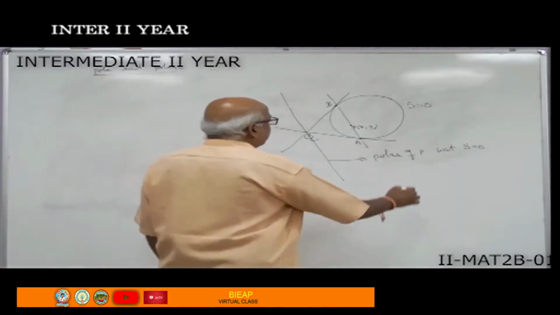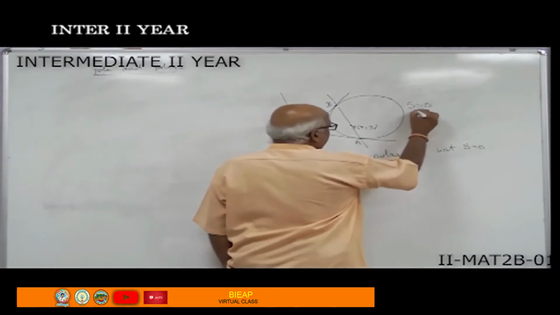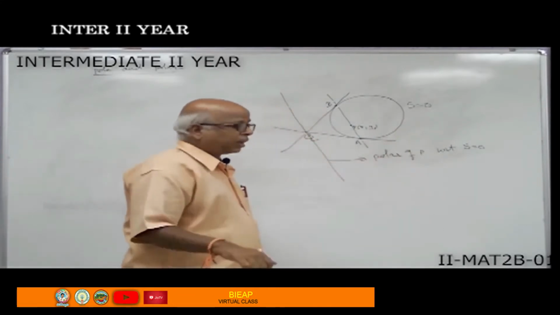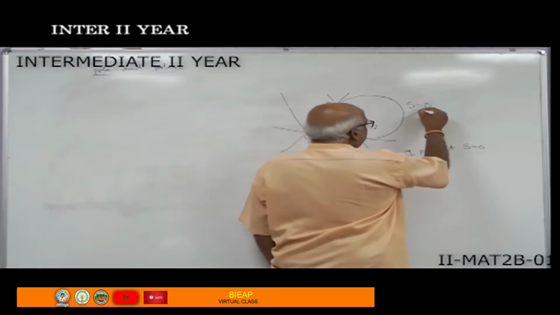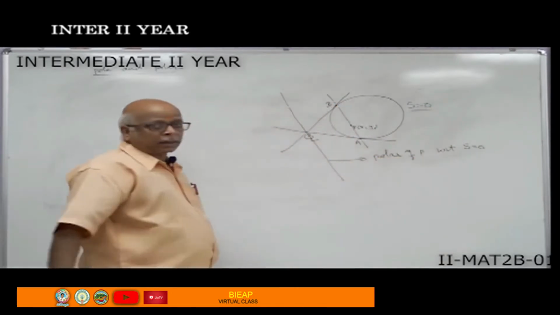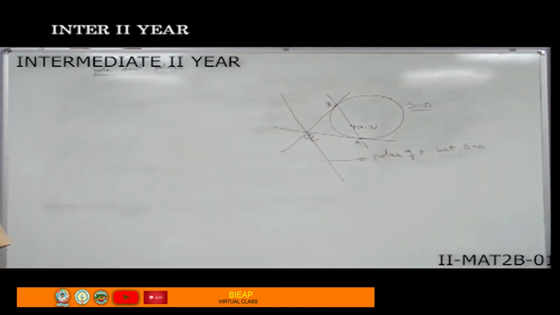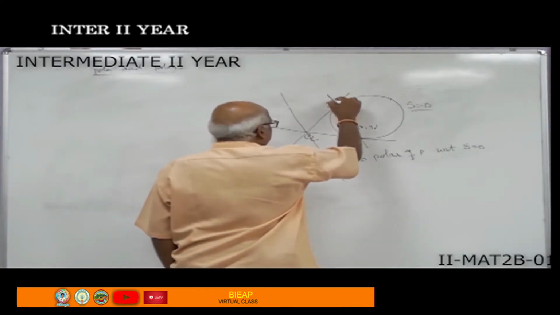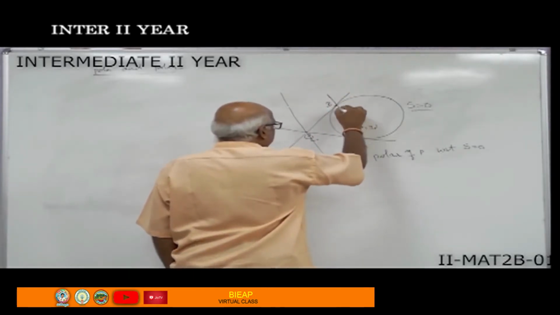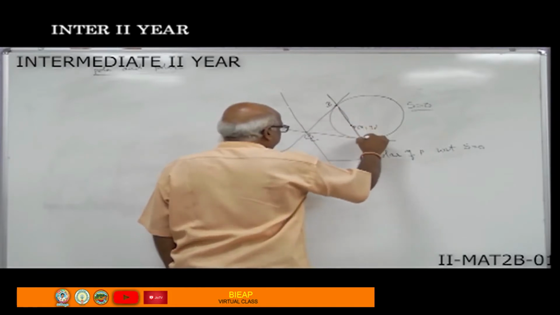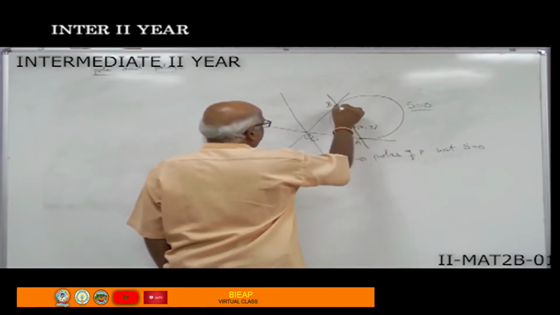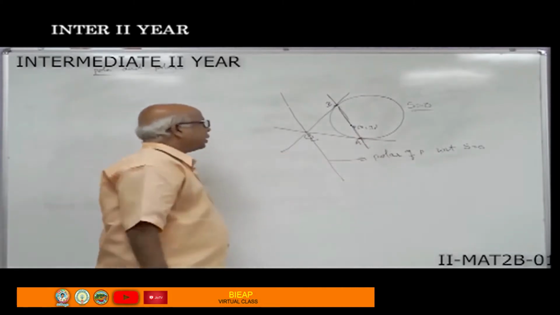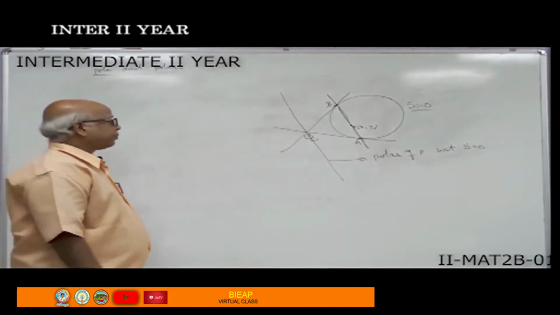What does it mean? This is the circle equation. Let us say S equal to 0 is the circle equation, and the point given here is P. When the point is given, if you draw a straight line through this point, which is called a chord, this chord intersects the circle in two different points.